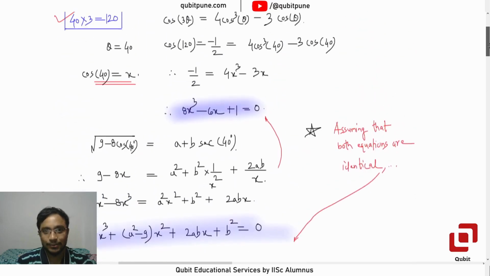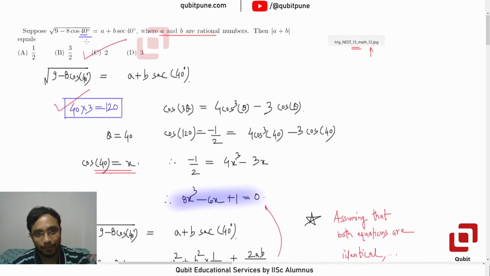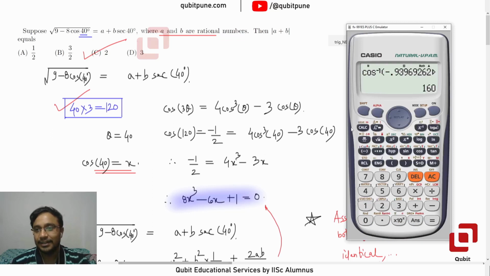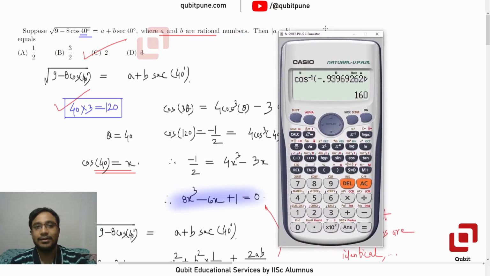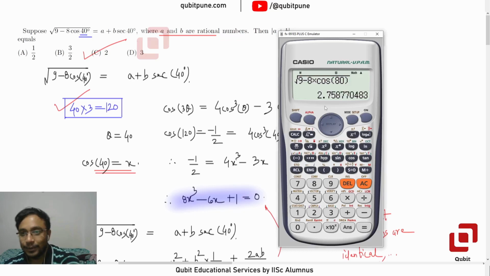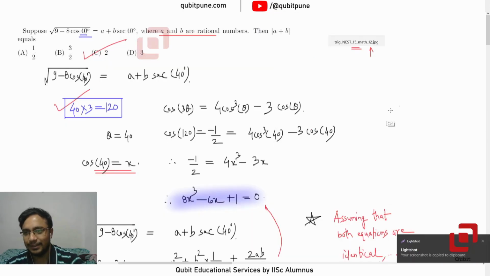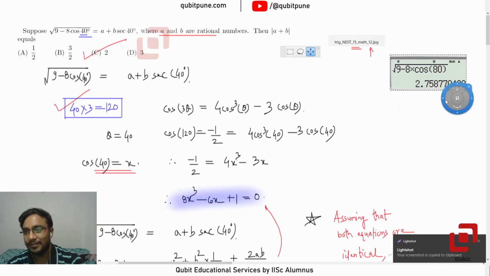Let's go back to the problem and verify what happens if we put 80 instead of 40. So root of 9 minus 8 into cos 40, oh sorry, again went for 40. That's 2.75, whatever that is.